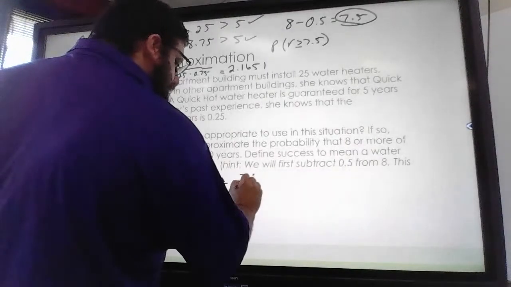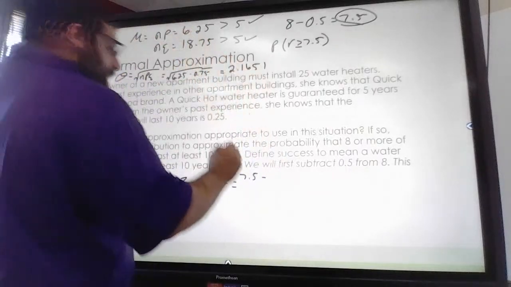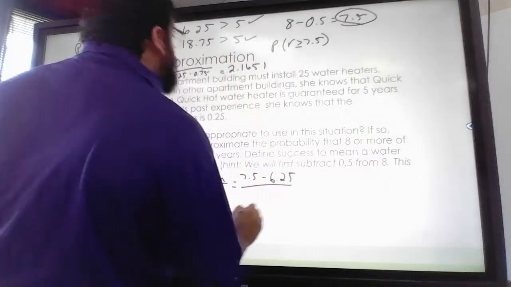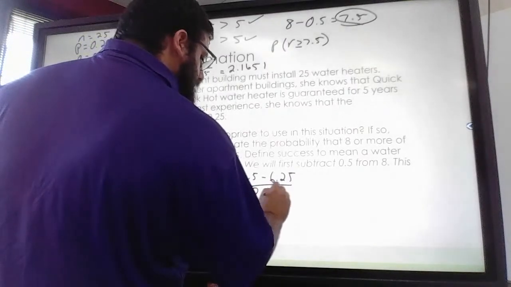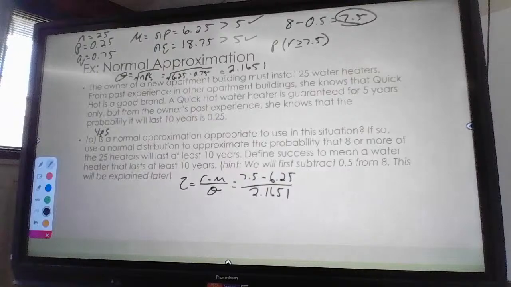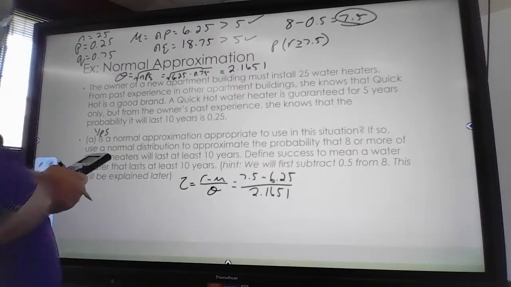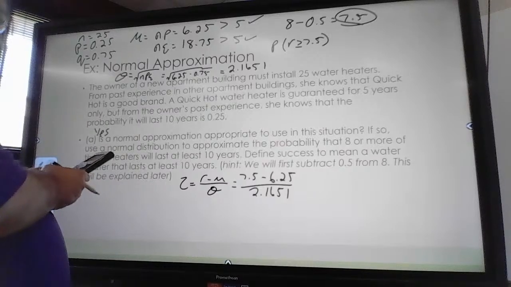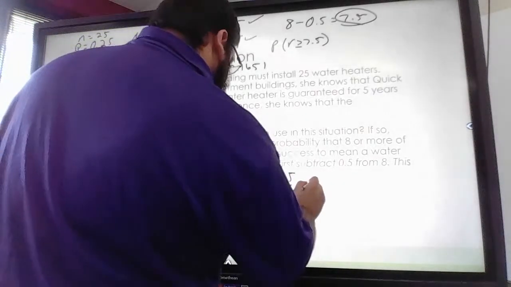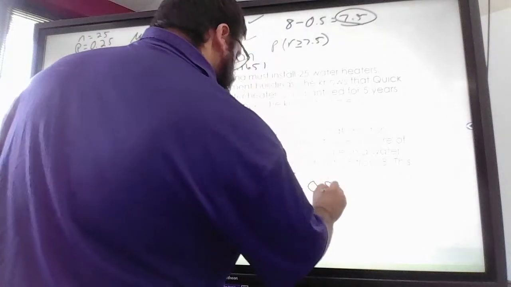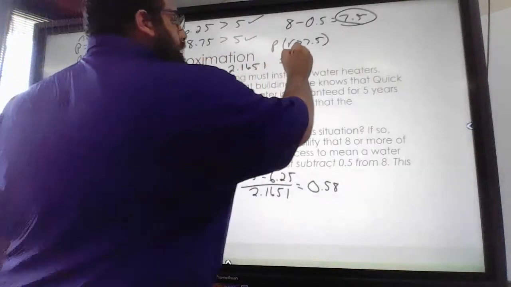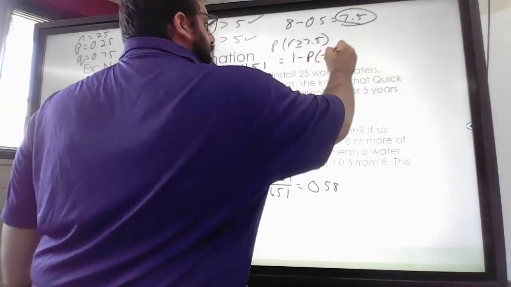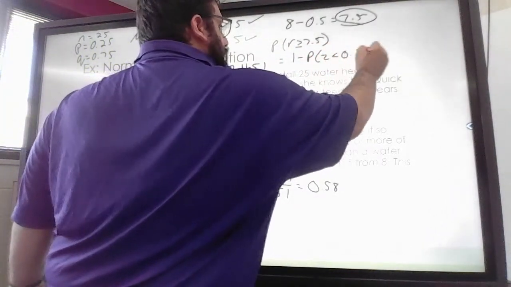So that's 7.5 minus the mean, 6.25, divided by the standard deviation, 2.1651. Rounded to 2 decimal places, I get a z-score of 0.58. And remember, this is a greater than case, so I want 1 minus the probability that my z-score is less than 0.58.